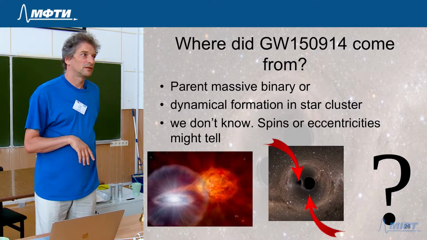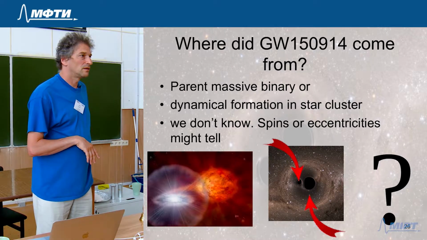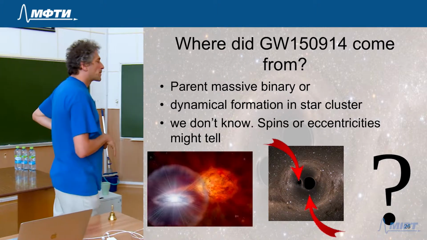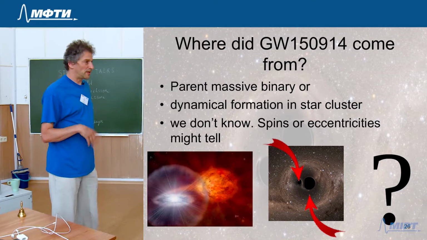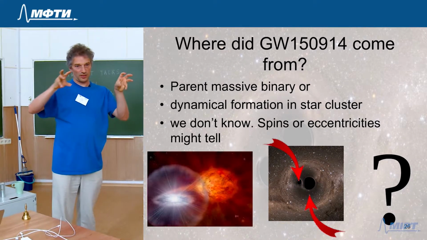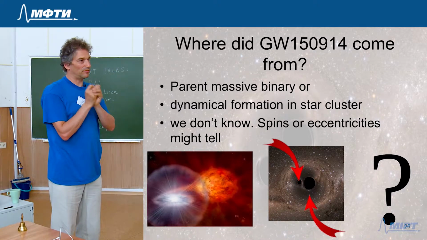So do these two processes still occur on similar timescales, or do they predict different timescales? There are two groups of astrophysicists. One group believes in just binary massive star progenitors for binary black holes.